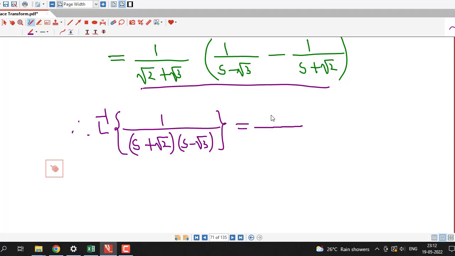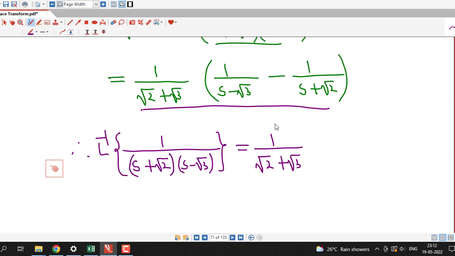It is constant, so it will be outside: 1 divided by square root of 2 plus square root of 3 into the inverse Laplace transform of 1 divided by s minus root 3, that is e raised to at with a equal to root 3, and this is e raised to minus root 2 times t.